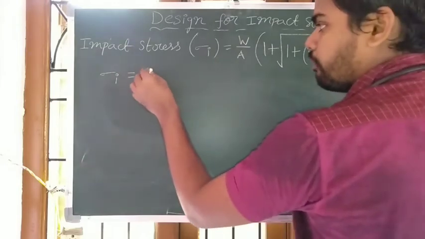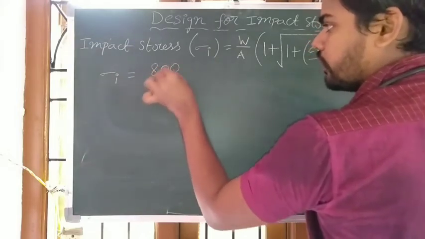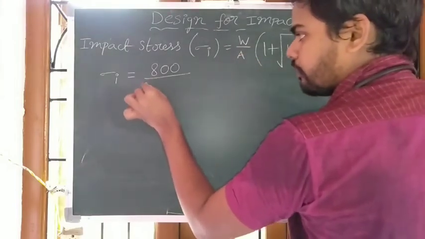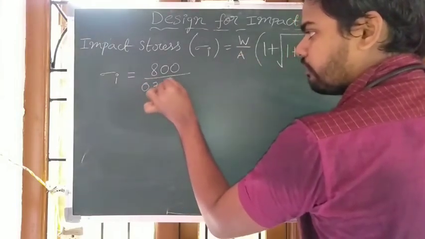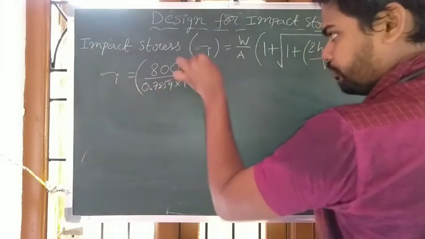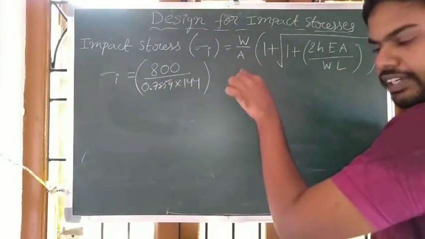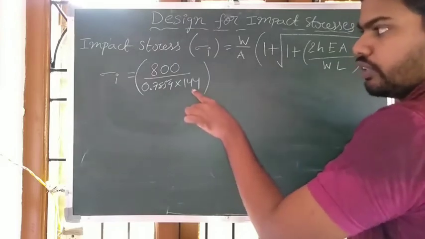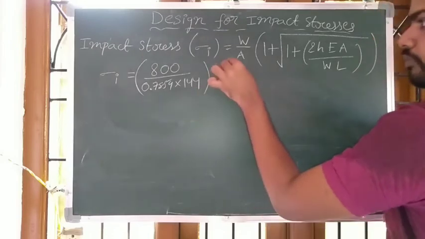W is the impact load, 800 Newton, divided by A, the area of the bar, pi by 4 into d square. Pi by 4 is 0.7854, and d is 12 mm, so d square is 144.